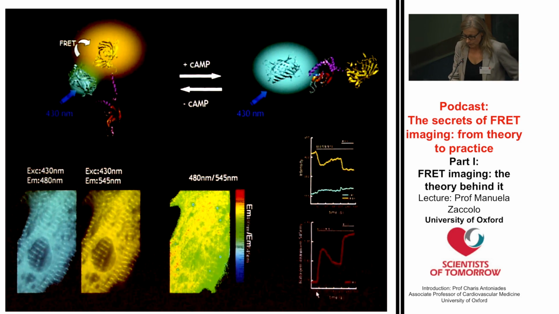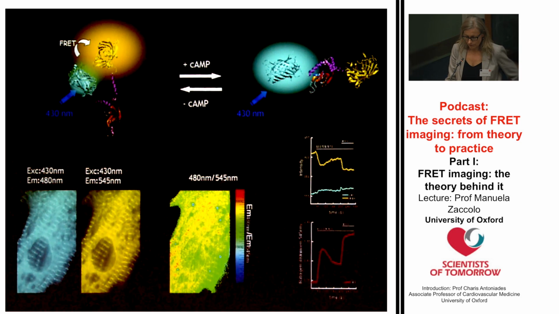I'm sure you can appreciate that the time resolution that we can achieve here is enormously higher than what can be achieved by conventional ways of measuring cyclic AMP in cells, which involves taking the cell population, breaking up the cells, and then measuring cyclic AMP in the soup using an immuno-based approach.